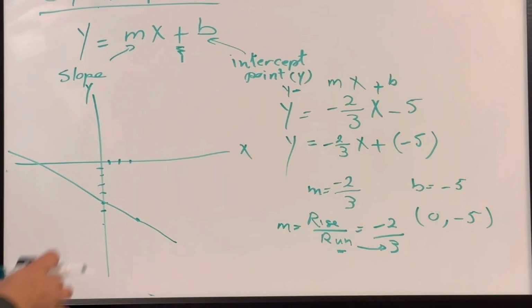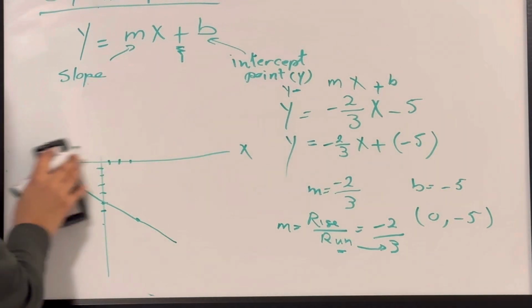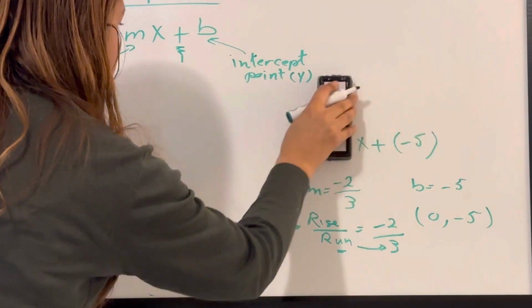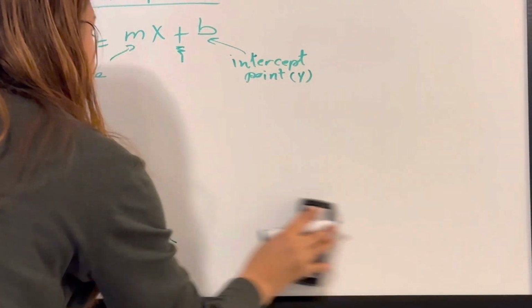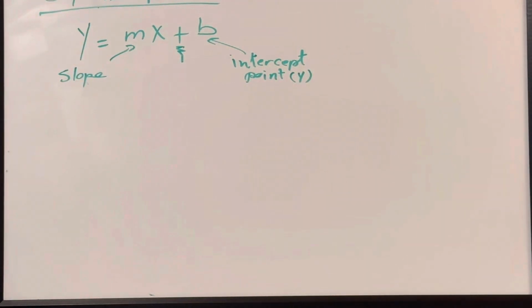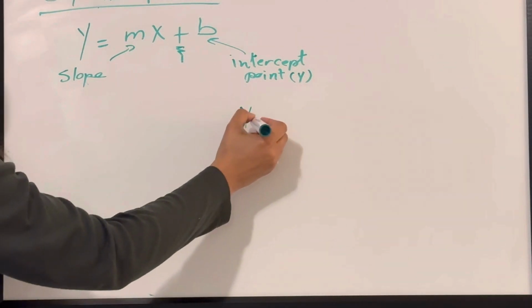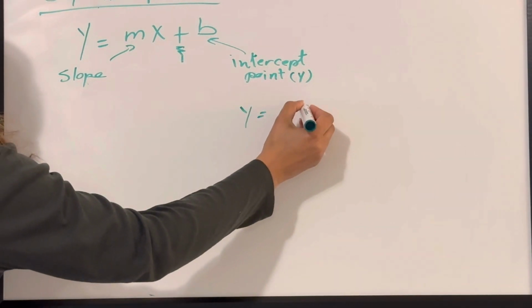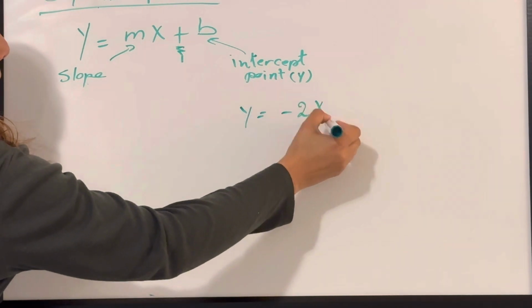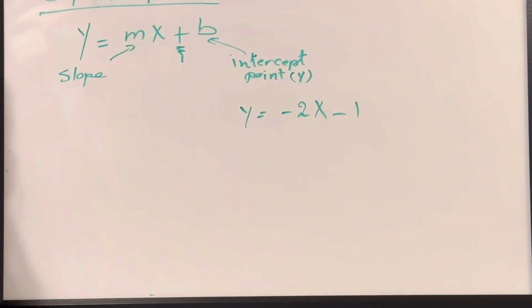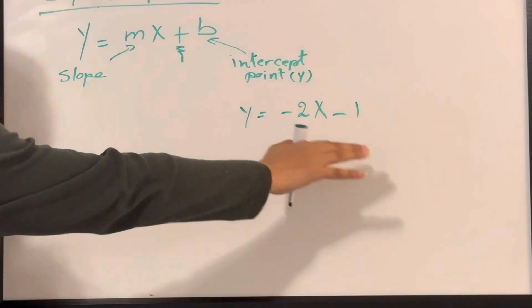Okay, let's take another example. y equals -2x minus 1.